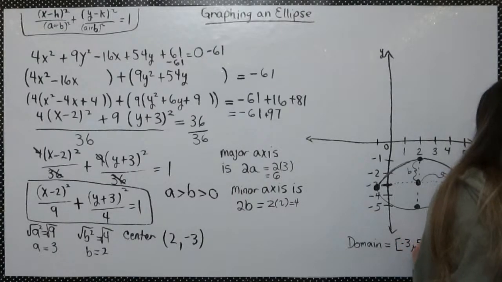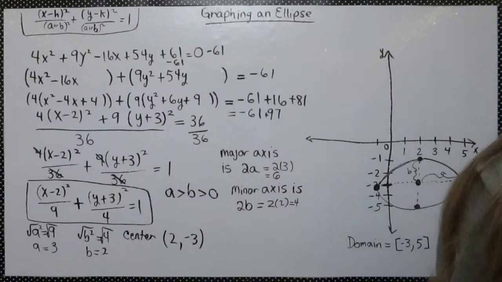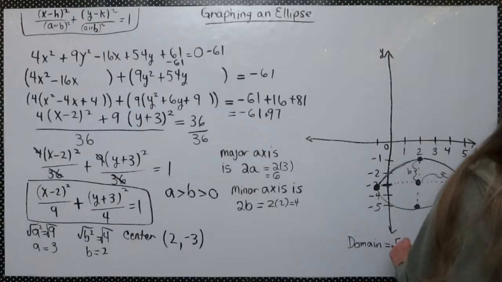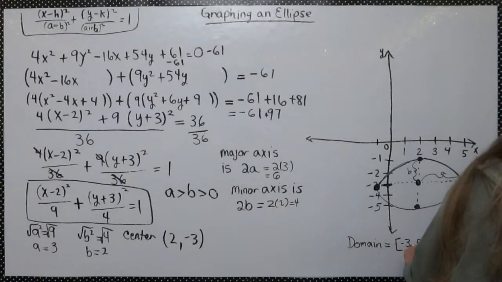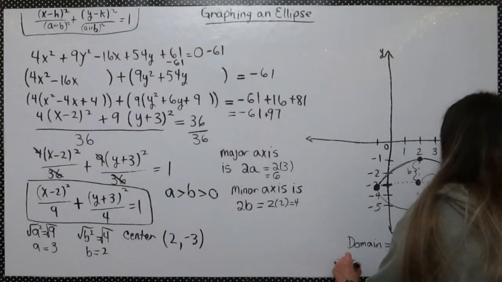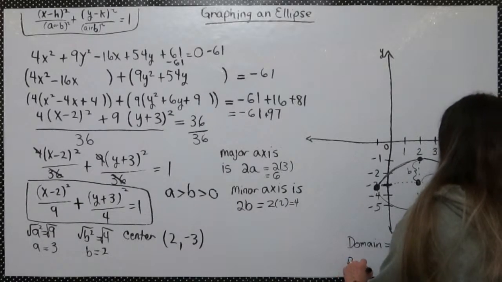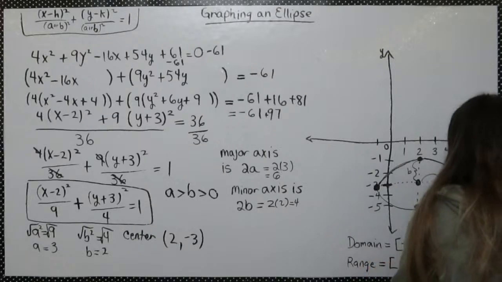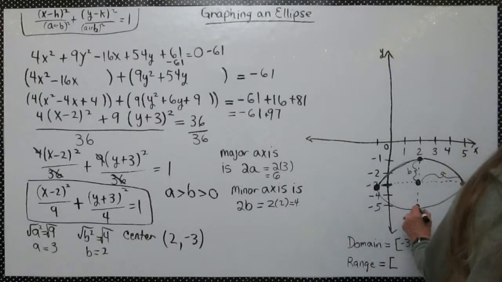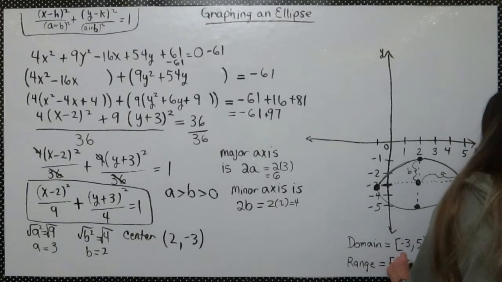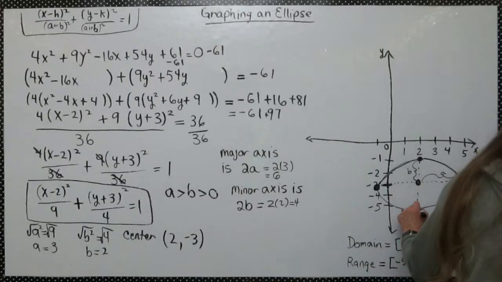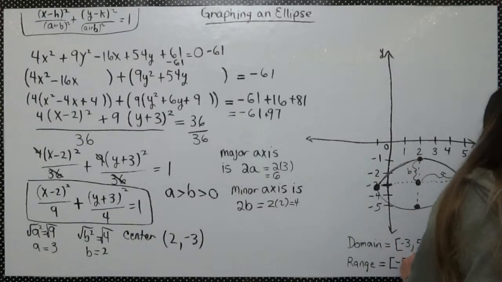You'll say bracket -3, comma 5. And then the range is also going to be a bracket. And it's the lowest value, which is -5, to -1.